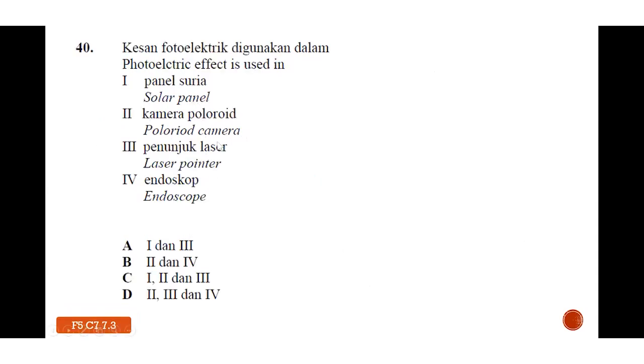For the last question, it is under the idea of the photoelectric effect, the applications itself. So what is this photoelectric effect? It is when a metal surface is illuminated, that means you shine a light that contains light energy.